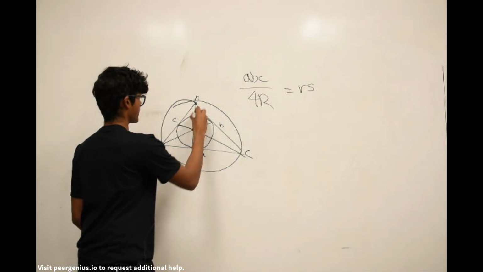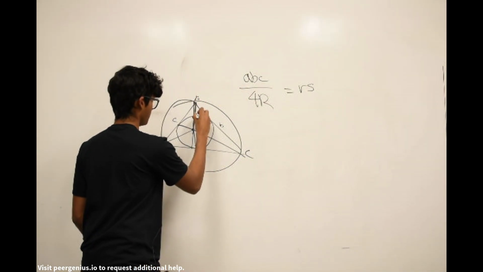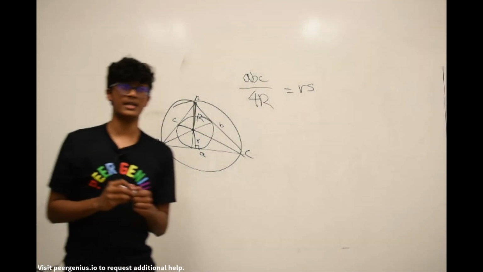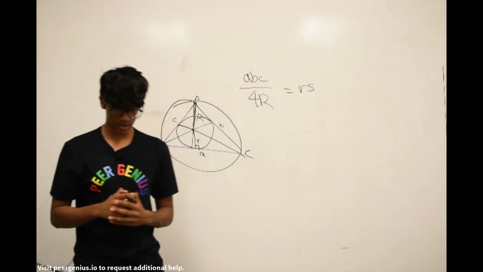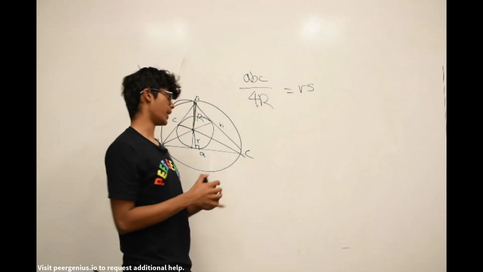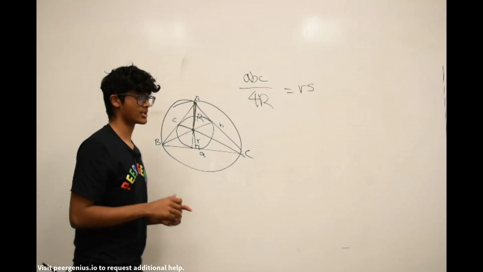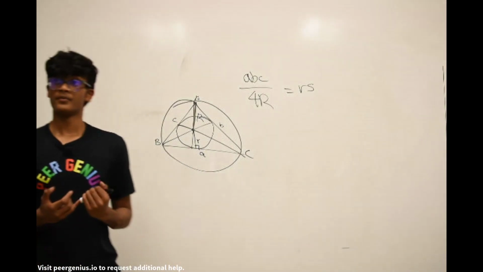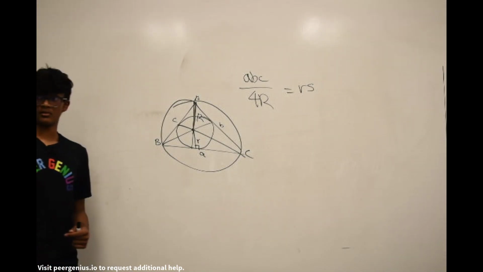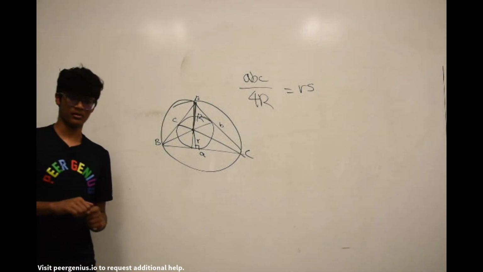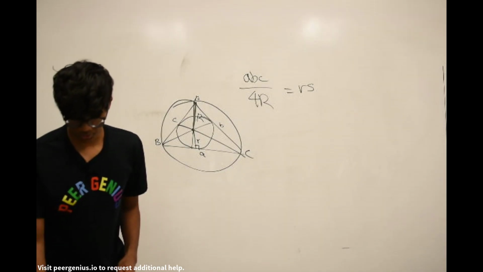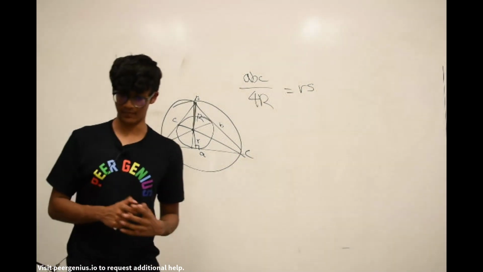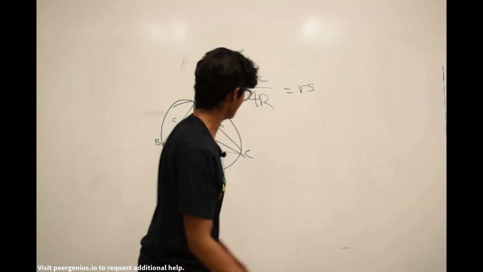So the incenter is the intersection of the angle bisectors, whereas the circumcenter is the intersection of the perpendicular bisectors. So this was just a definition of some of the formulas that Min went over in problem 17 and some of the vocab that he used.